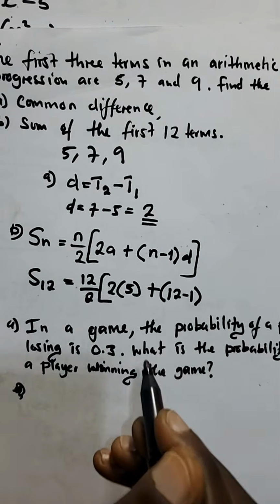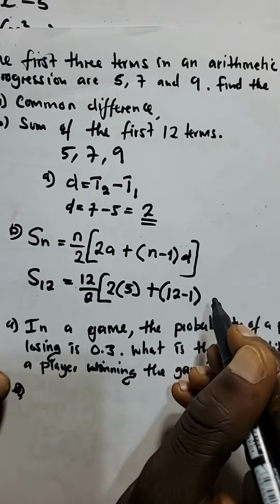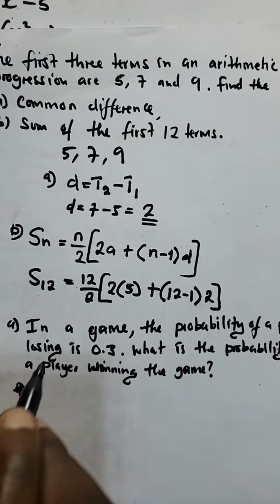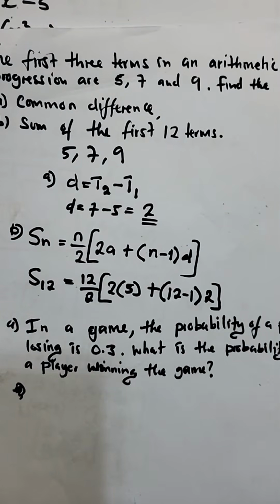Then what is the common difference? We already calculated d, the common difference, as 2. So I've not solved anything here, I've just substituted.